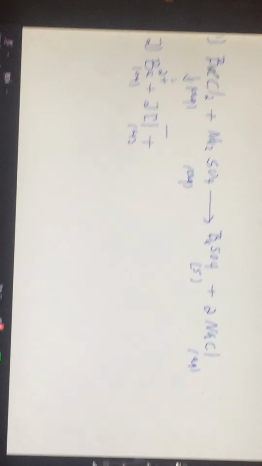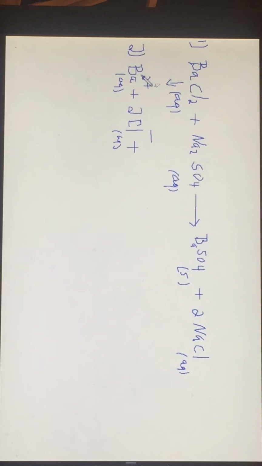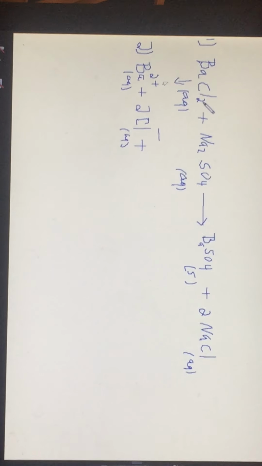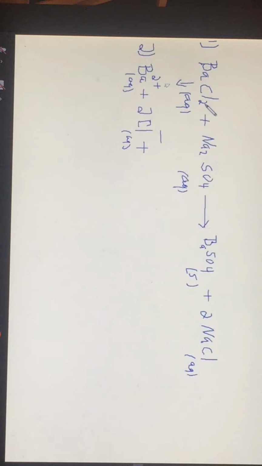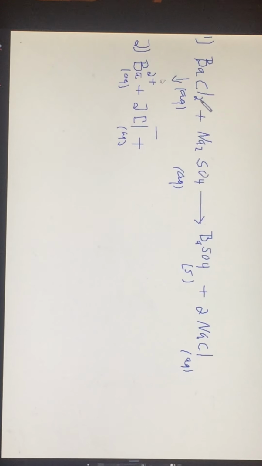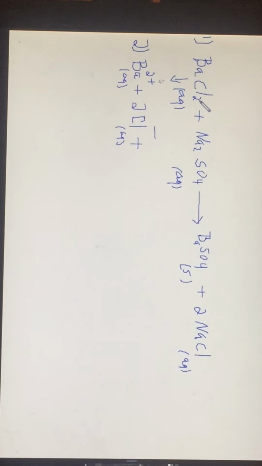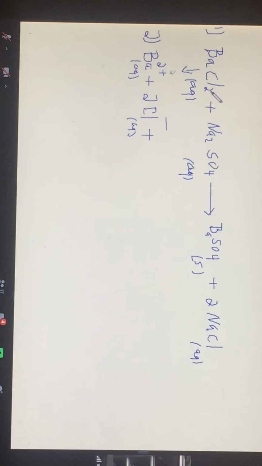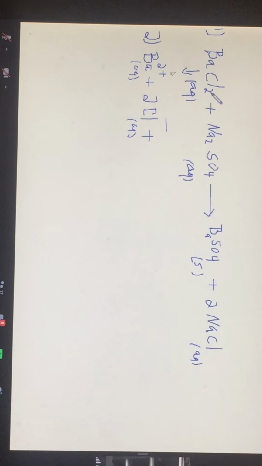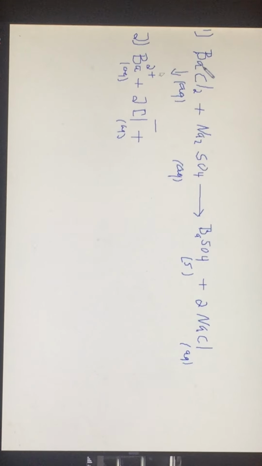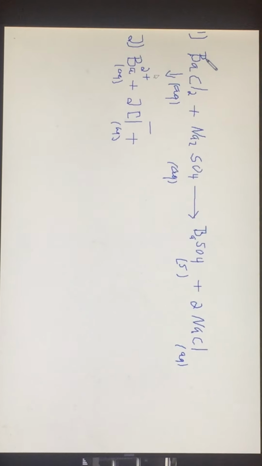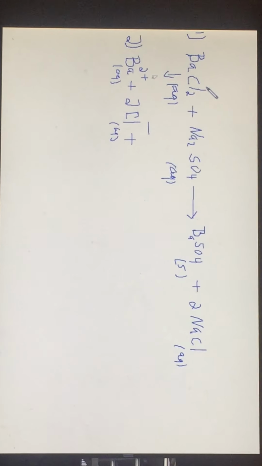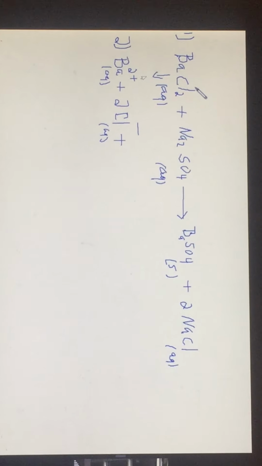By the way, how would I know that barium chloride will be written as ions? There's a table when we discuss these solutions. So look up that solubility table discussed in that particular chapter. Look up that table that shows solubility and the outcome of having, let's say, a positive ion and a negative ion. Barium is a positive ion, chloride is a negative ion. Do I form a solid?